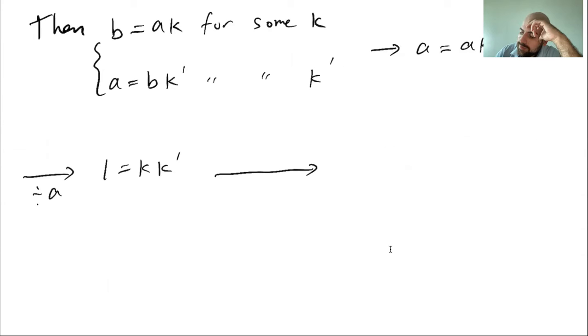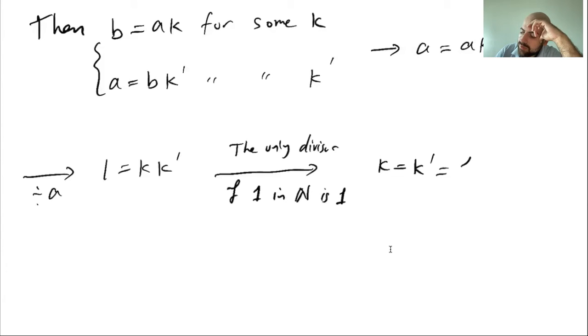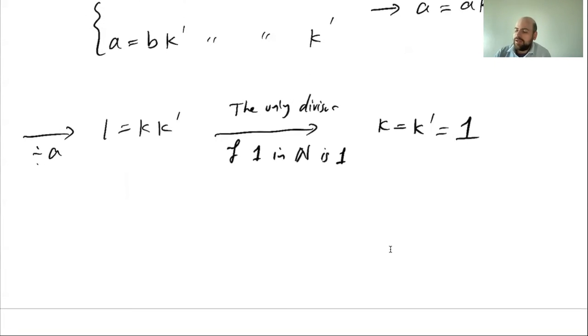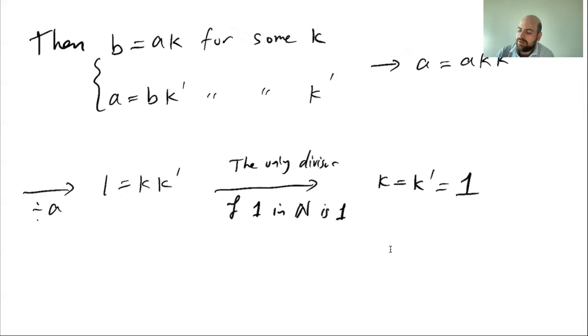So the only divisor of 1 in N is 1. I could say it this way: K must be equal to K prime equals 1. And if K and K prime are 1, that means B is equal to AK and K is 1, so this is equal to A times 1, or just A.